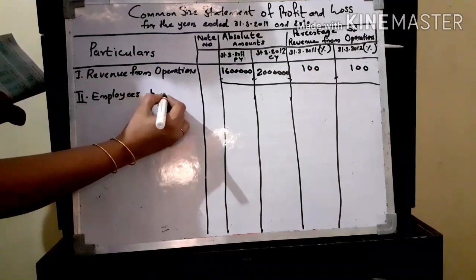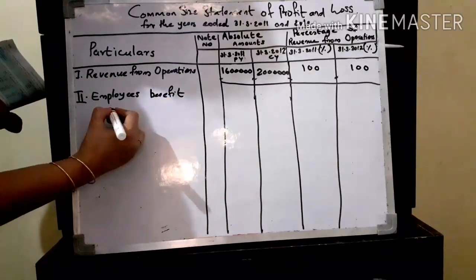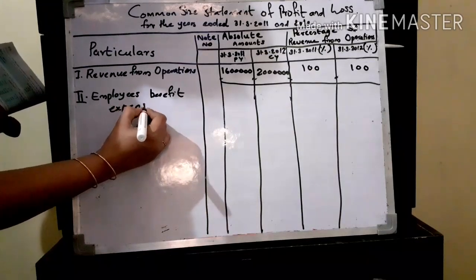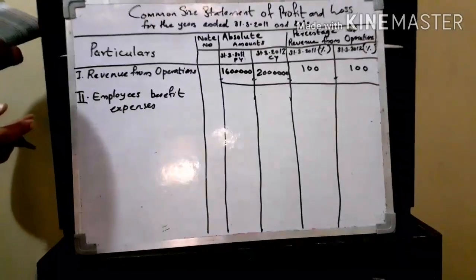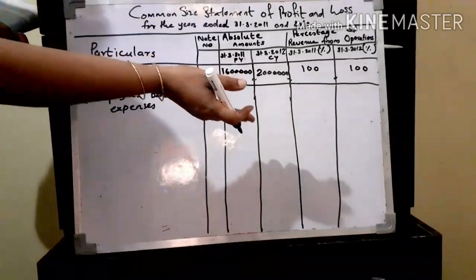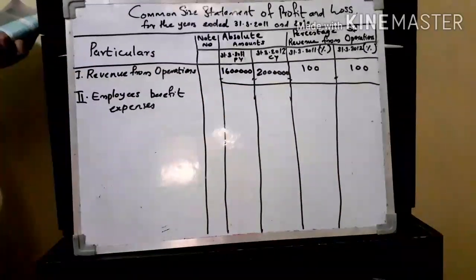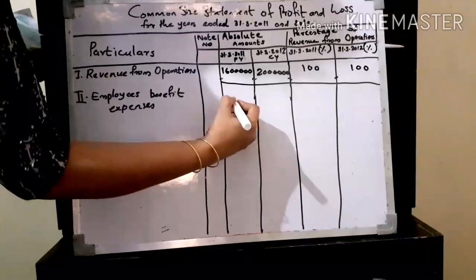Employee benefit expenses: in the previous year 8 lakhs and current year 10 lakhs.